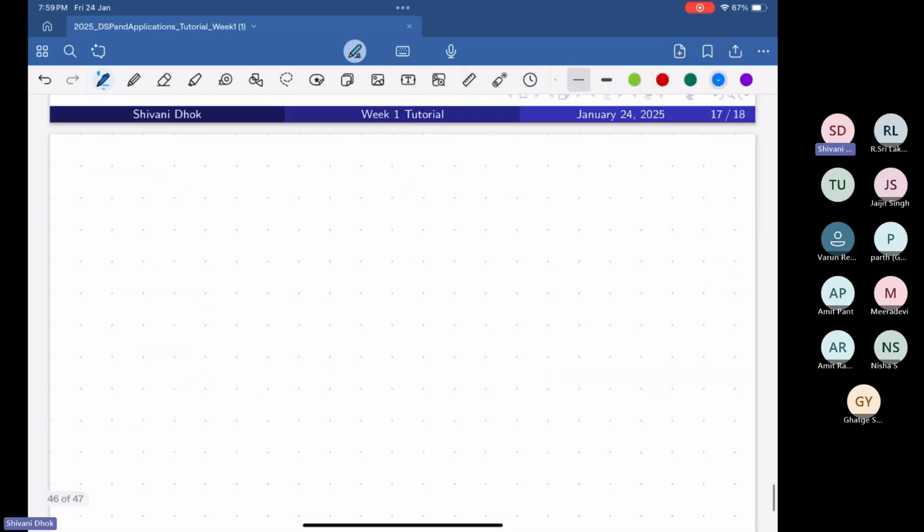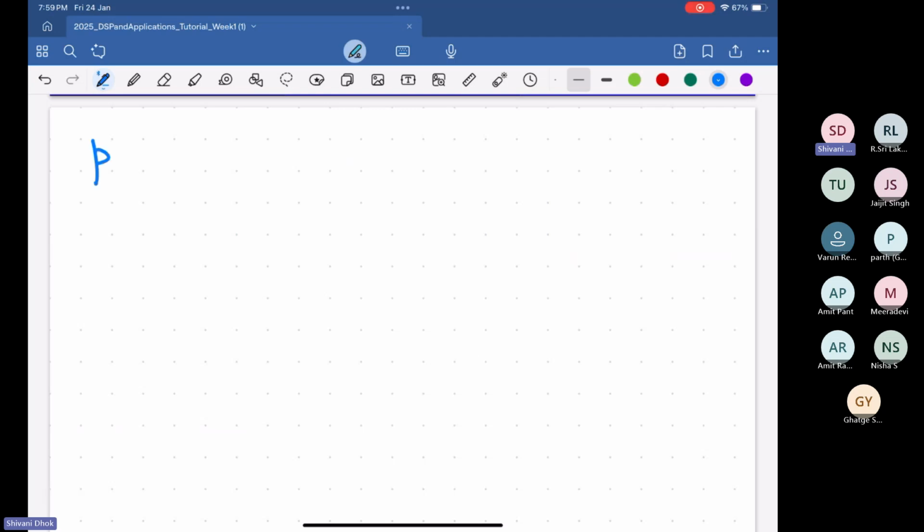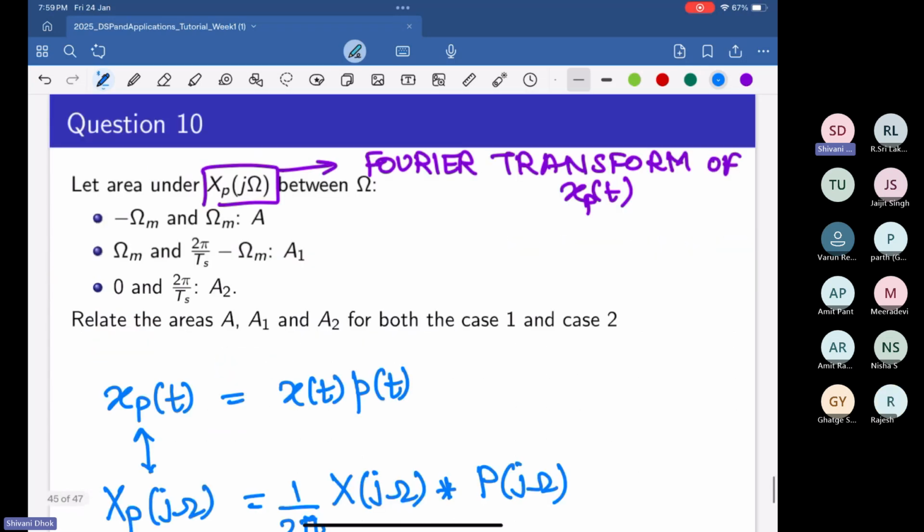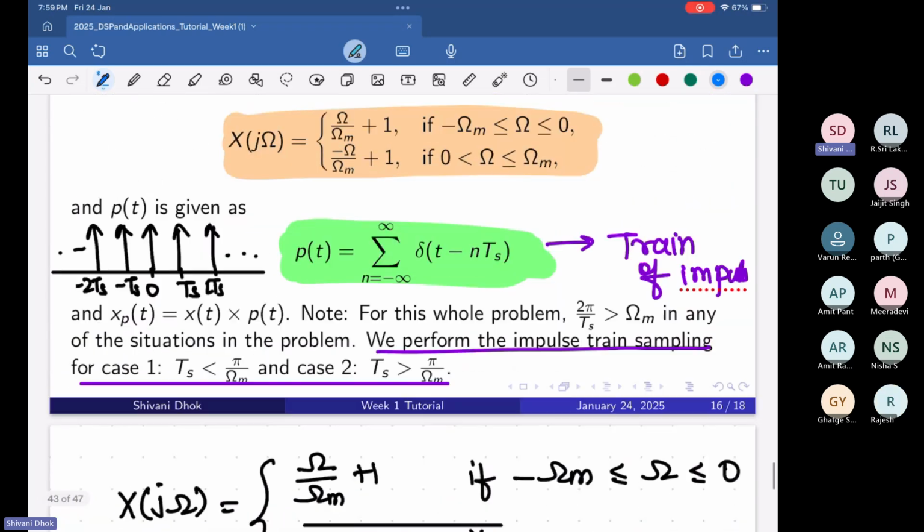Okay, so how does this P of t look? This P of t is the summation, n equal to minus infinity to infinity, of delta of t minus nTs. Okay, so this we have. And this is a train of impulses. If you observe here, we have drawn this diagram.